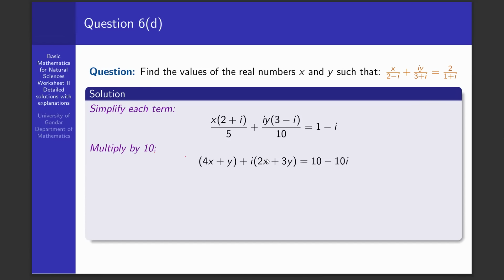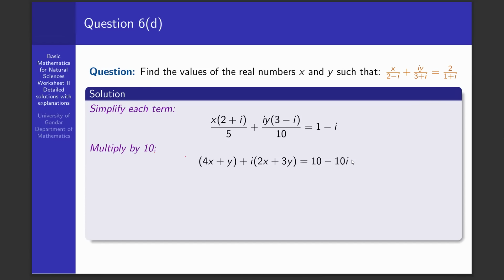After multiplying, we take the real parts together and the imaginary parts together. We have 4x plus y as the real part of this expression to the left of the equality sign, and twice of (x plus 3y) times i as the imaginary part. And on the right, if we multiply both sides by 10, we have 10 minus 10i.